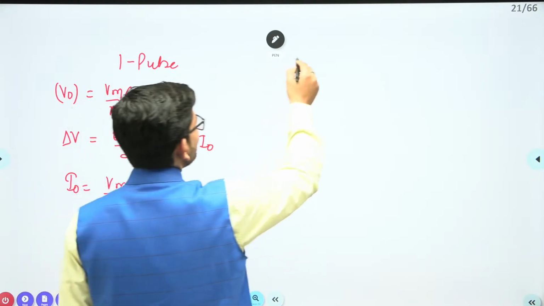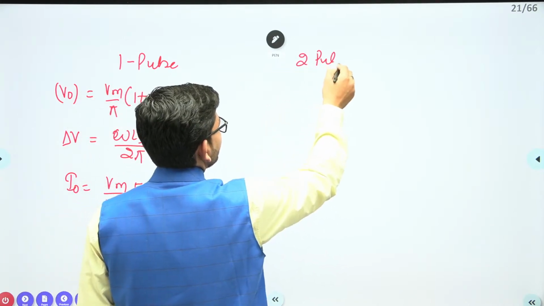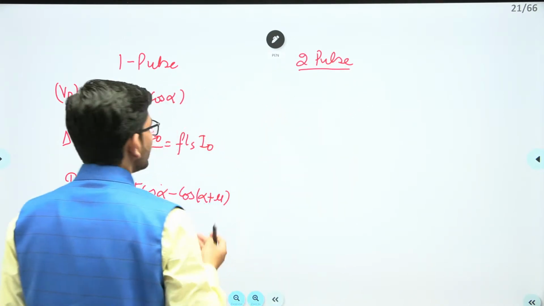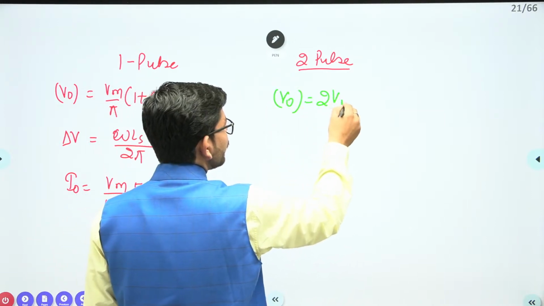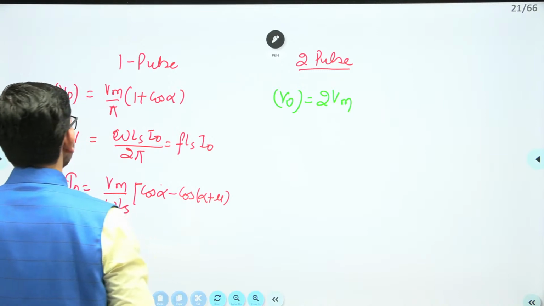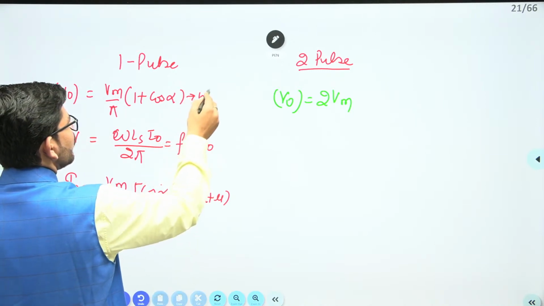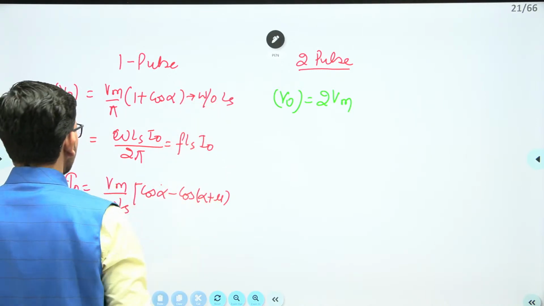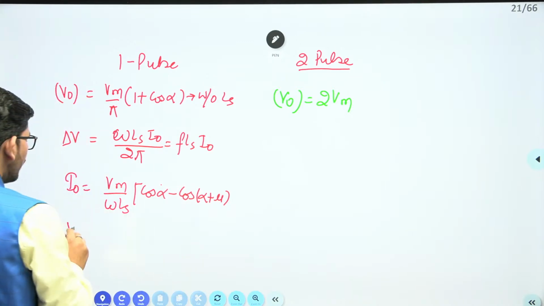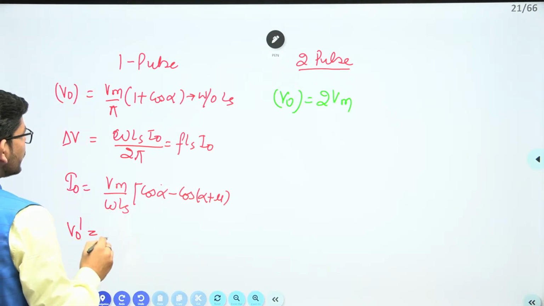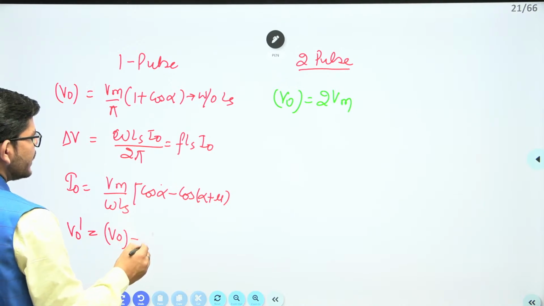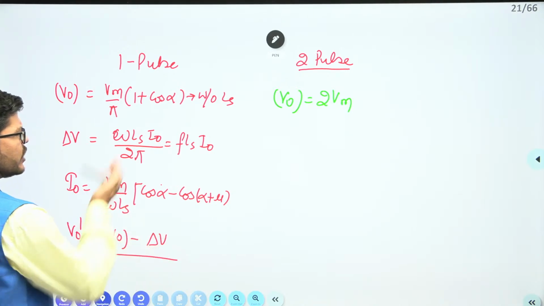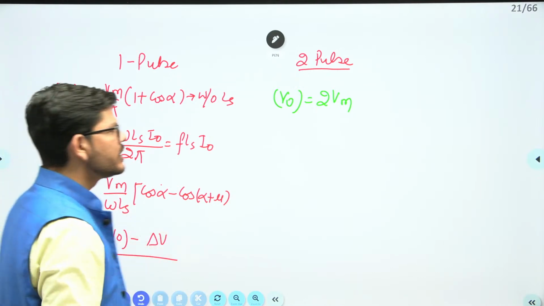If this is a 2 pulse converter, the output voltage expression without Ls is 2Vm by pi cos alpha. Now after Ls, what will be the output voltage? The new output voltage will be the V naught minus this reduction factor. So just put the values and you can calculate these things very easily.